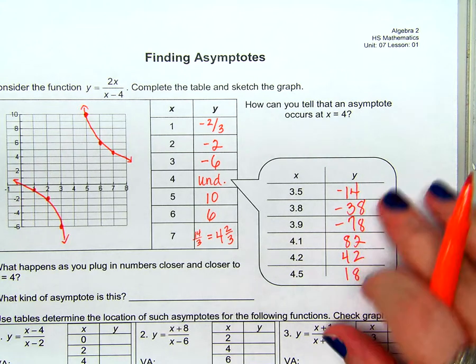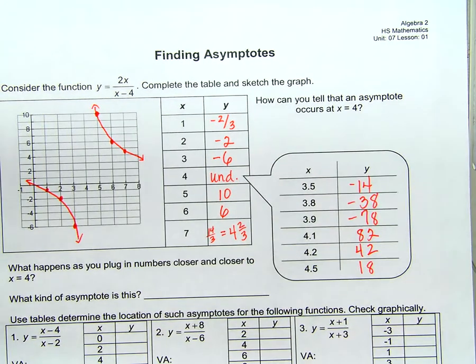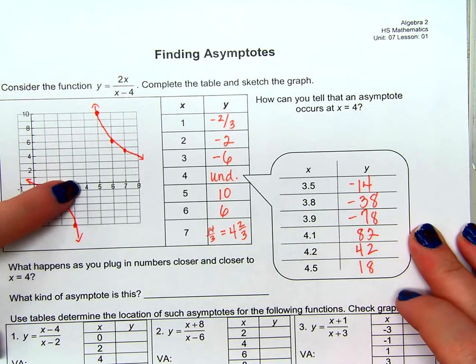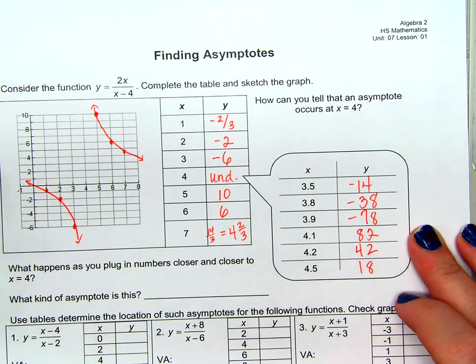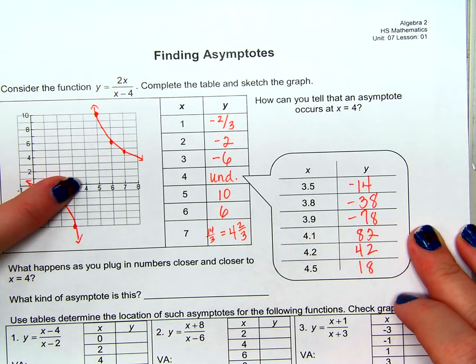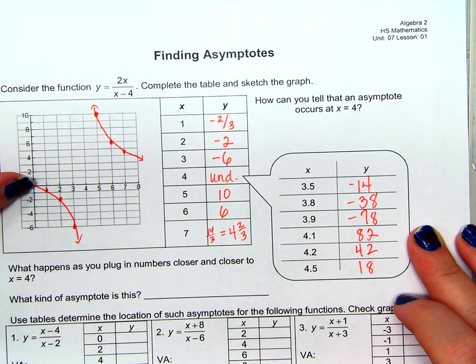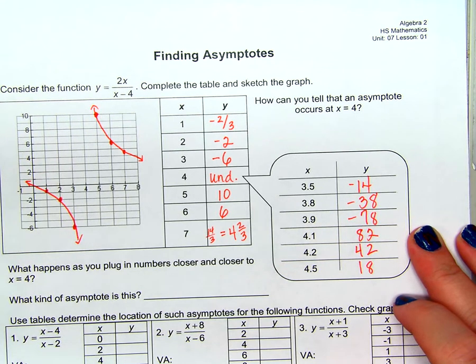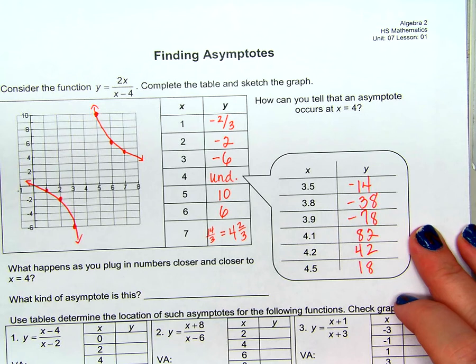Okay. All right, so what's happening around 4? Let's talk about what's happening around 4 from the left. Here is a calculus skill that you need. Are you listening? A calculus skill that you need. We need to talk about what's happening around 4 to the left. That means if we're going to approach 4 from the left, what's happening? As the x values are getting closer and closer to 4, the y values are getting lower.